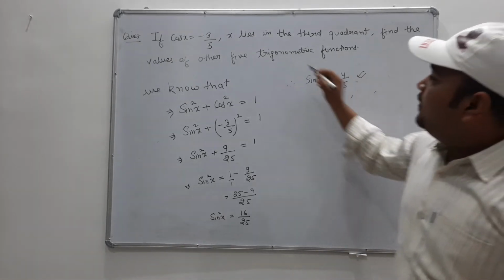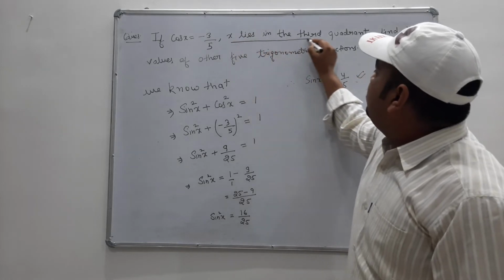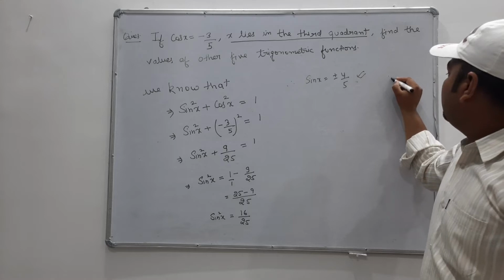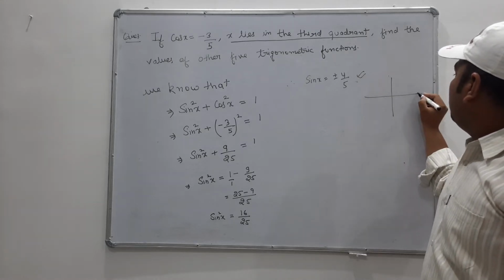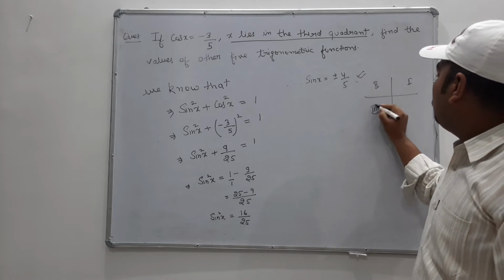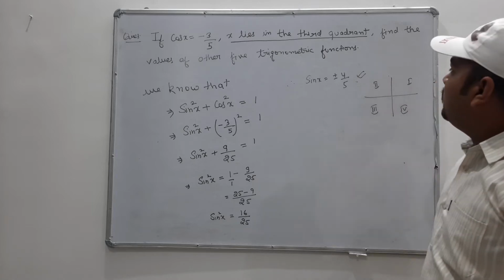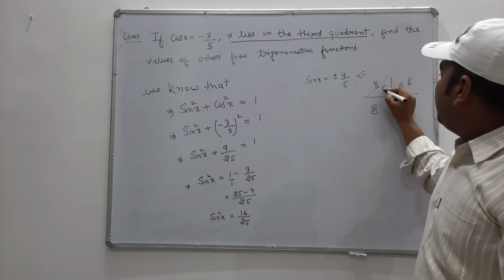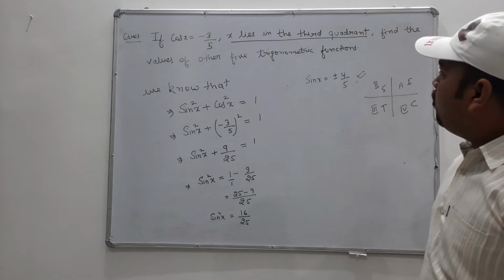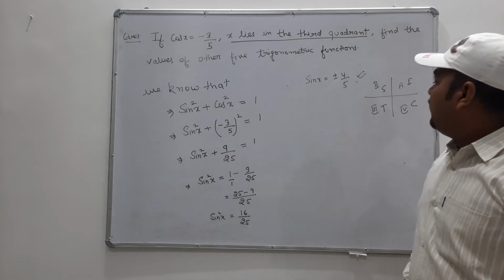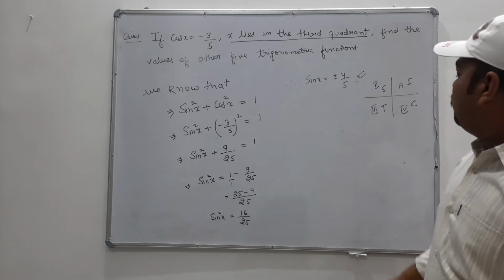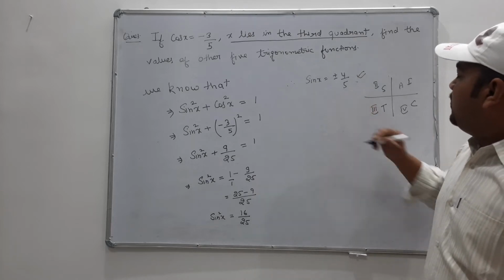In question, x lies in the third quadrant, and in previous class we have discussed first quadrant, second quadrant, third quadrant and fourth quadrant, A, S, T, C. In third quadrant, only tan theta and cot theta are positive and other trigonometrical ratios are negative.